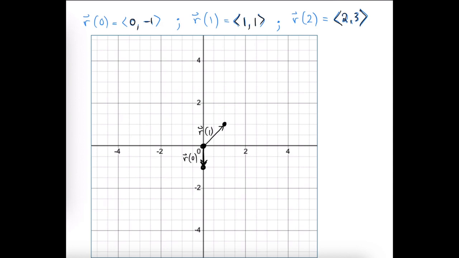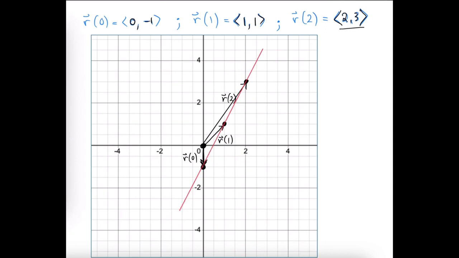So 2, 3 is going to be an ordered pair that's up here, and we'll see that I can graph this vector initiating at the origin and terminating at the ordered pair 2, 3. So these 3 terminal points are on the line that is that two-dimensional line we graphed a moment ago.